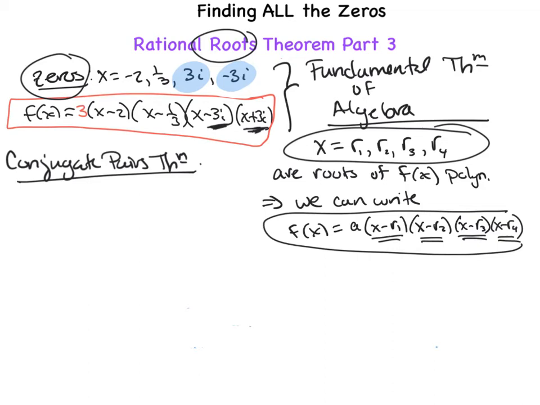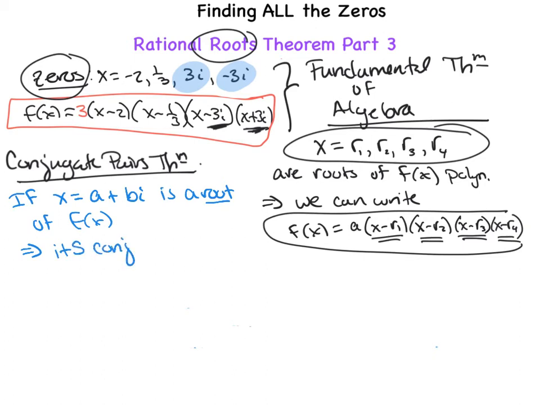So if I were to write this out in theorem form, if x equals a plus bi is a root of some polynomial f of x, then its conjugate, x equals a minus bi, is too a root.